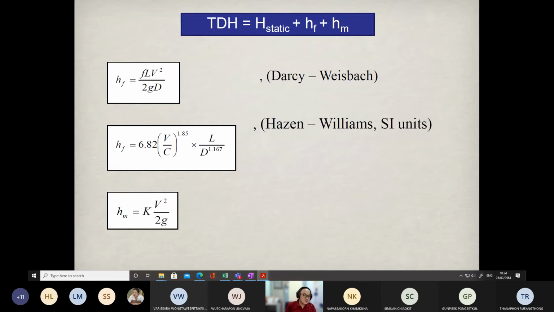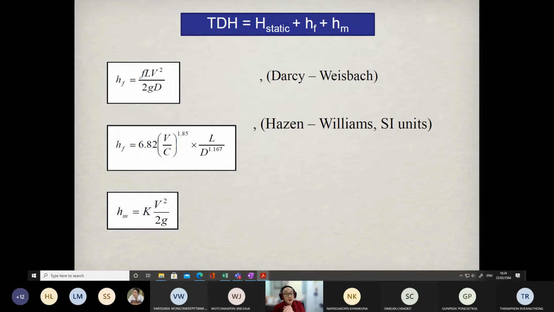So in water supply engineering, we normally use the Hazen-Williams equation. We rarely use the Darcy-Weisbach equation. Darcy-Weisbach may be very useful for some specific purposes, but not for water. So for water, it is better to use the Hazen-Williams equation.